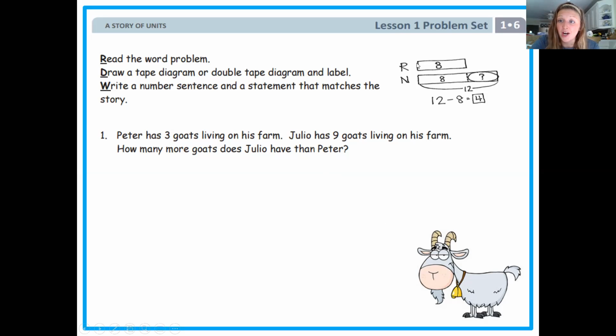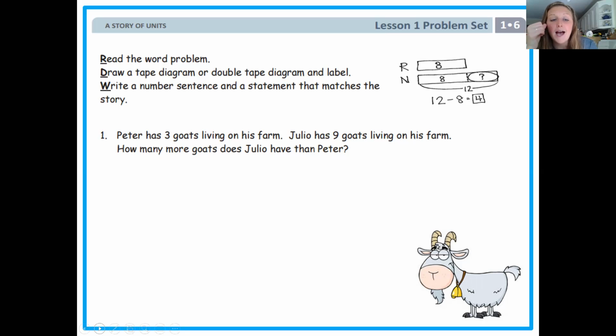So make sure you're using that strategy to line them up, use your labels, and write a number sentence to match, okay? So read, draw, write. Read it, draw your picture with your labels, and then write a number sentence and a statement so you can match the story and answer it.